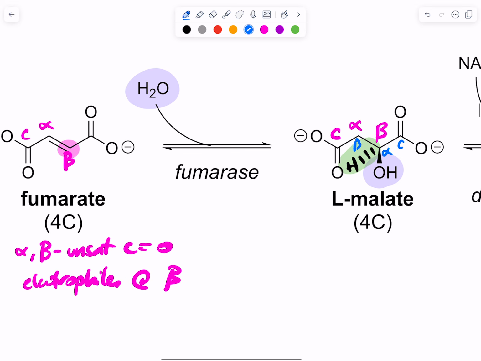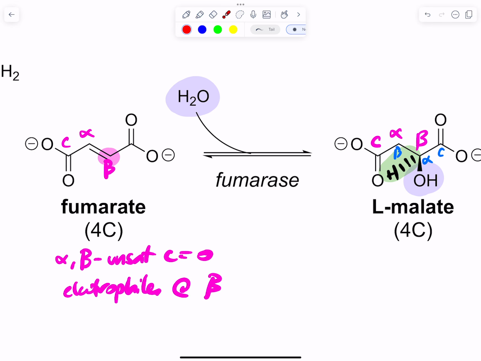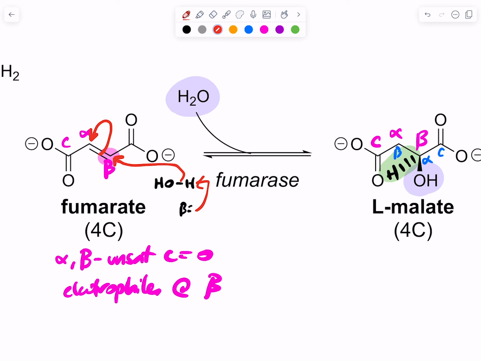Well, the point was, when I show you the mechanism for how this happens, water is going to act as the nucleophile, and it's going to attack the beta carbon and move electrons onto the alpha carbon where they're stabilized by resonance with this carbon-oxygen pi bond. So the beta carbon's always the one getting attacked.